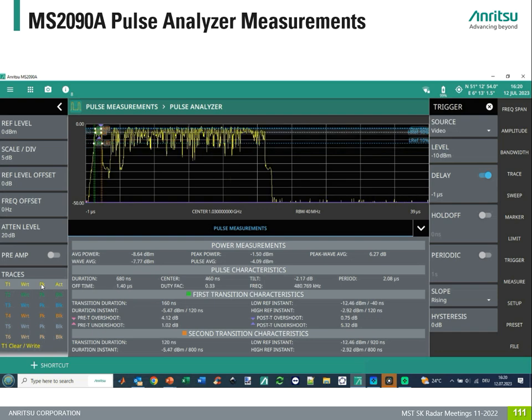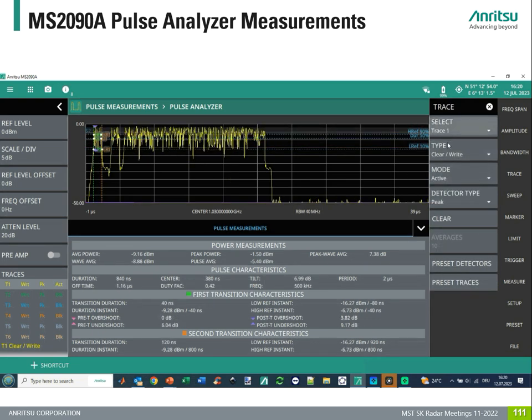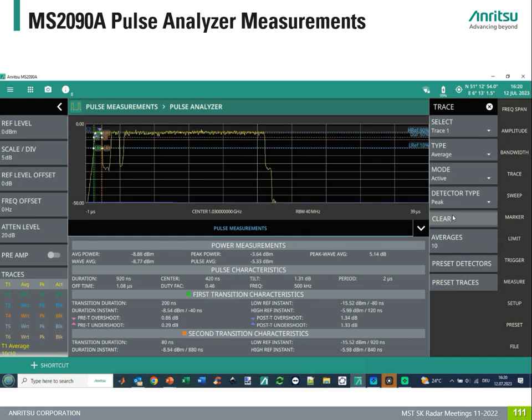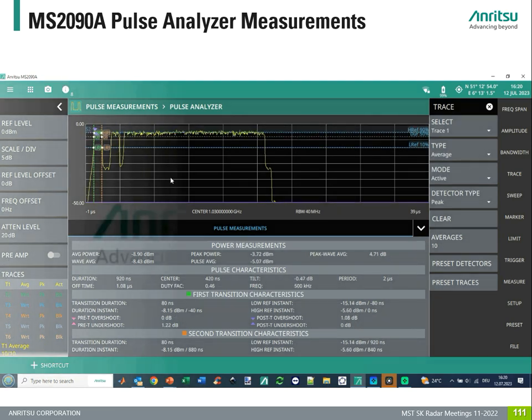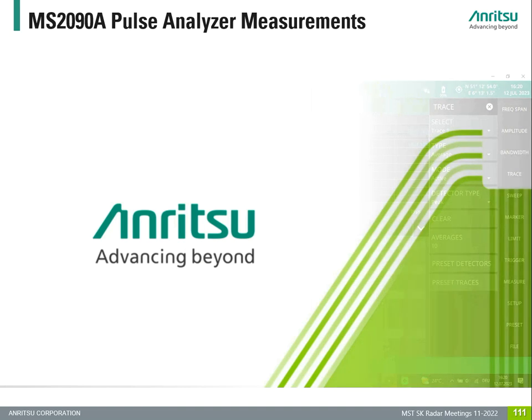Applying some averaging is stabilizing the trace readout. Next, the user would adjust the time axis to see at least 2 pulses. As a result, the pulse characteristics of the entire pulse form would be measured. Again, this measurement was an IQ replay to make it easier for the purpose of this webinar here.